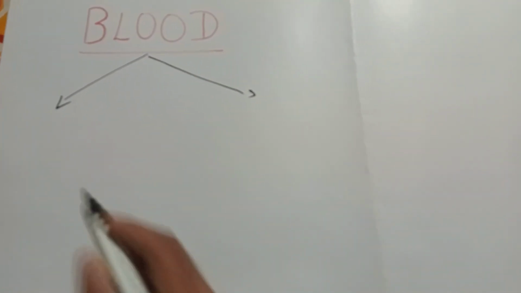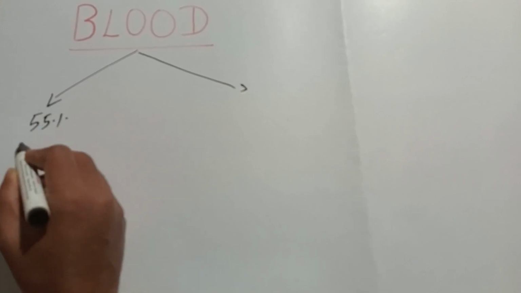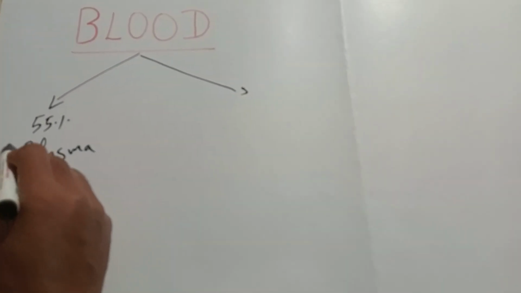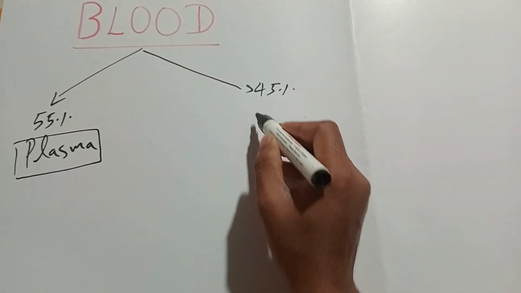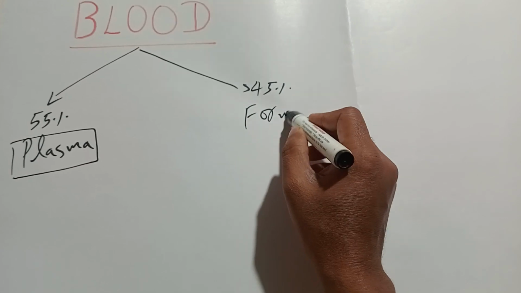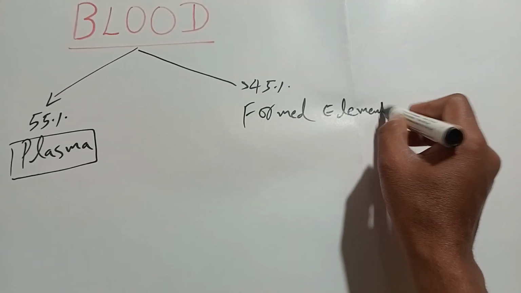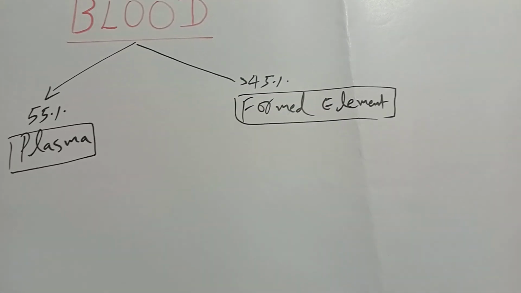Blood consists of 55% plasma, which is the liquid part of blood, and 45% formed elements, which is the solid part of blood.